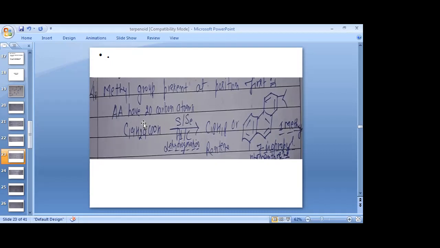When abietic acid undergoes dehydrogenation, it converts into C18H18, retene, or 1-methyl-7-isopropylphenanthrene. So you can say the methyl group exists at the first position by this reaction.